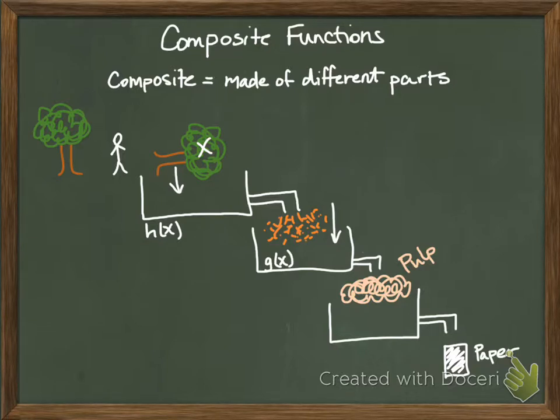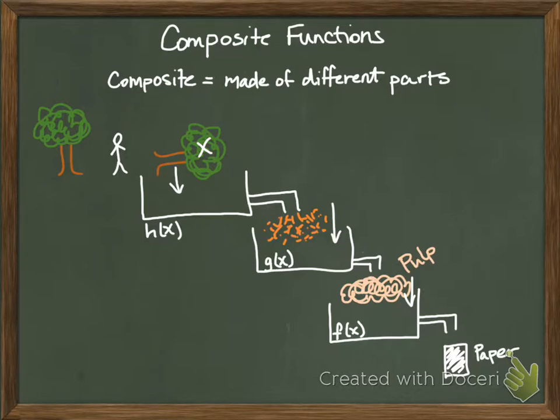The outflow from h of x was our chipped up wood, and that turns into your input for g of x, and then the output is our pulp, and so that goes into this new function, let's call that f of x. So your pulp is your new input, and then from there you get an answer, which is your paper.